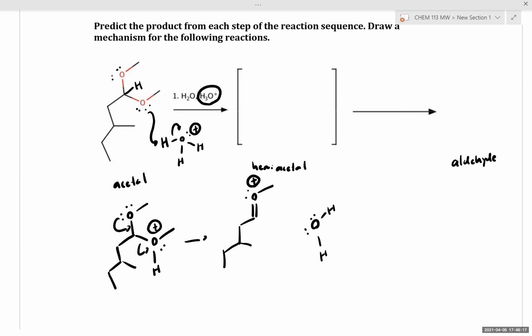So would anyone like to show this next step where we have this activated electrophile, we have nucleophilic water? What will we see happen? We have an electrophile, we have a nucleophile. How will water react? And you can share your responses in the chat or verbally.